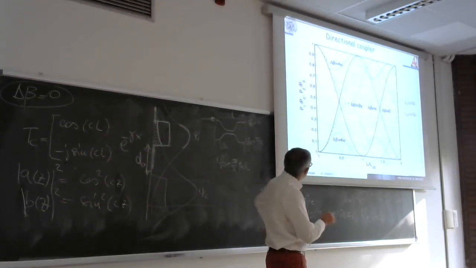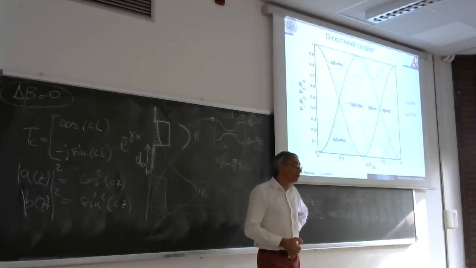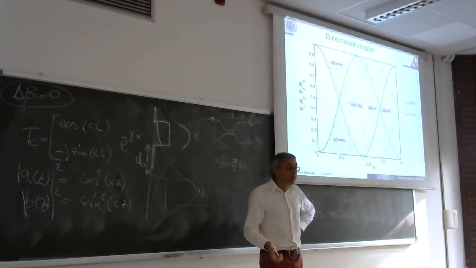So you see here the synchronous case and the asynchronous case. Obviously, the period changes because the argument changes. In one case it is kappa, and in the other case it is the square root of blah blah blah.